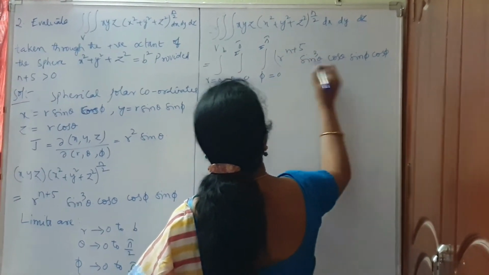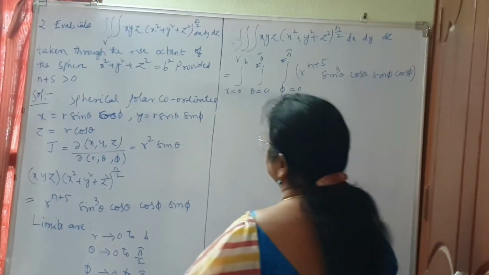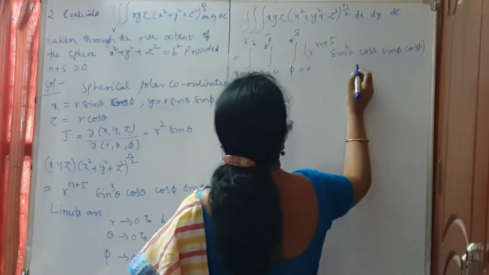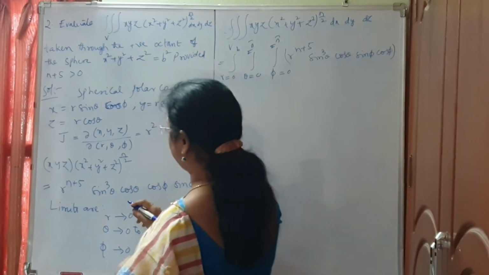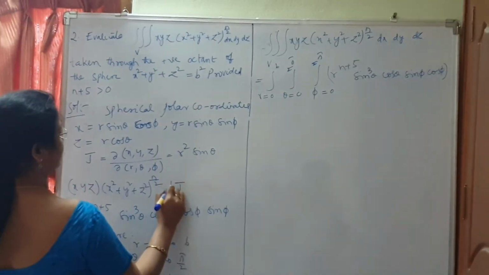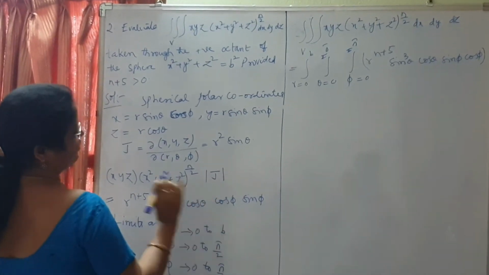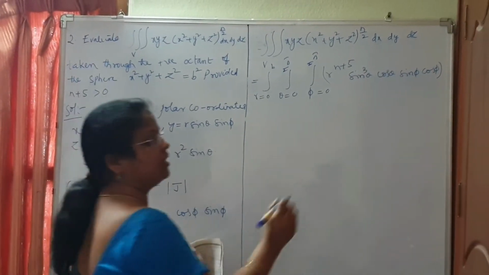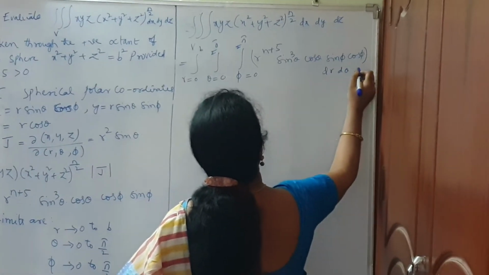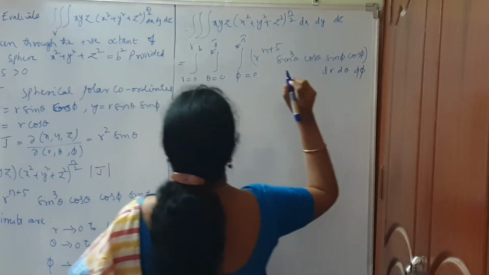This whole into the Jacobian. After simplification we get this term, and now dr d theta d phi.